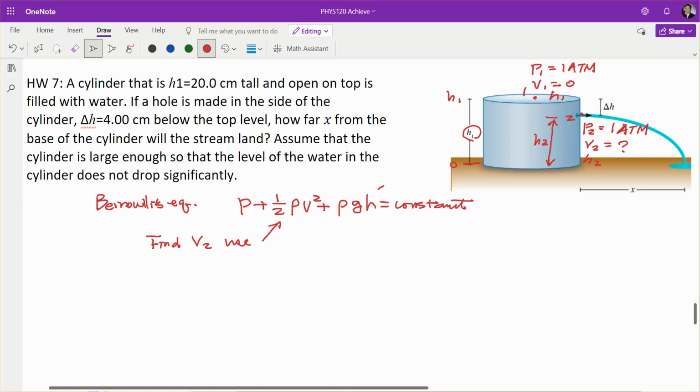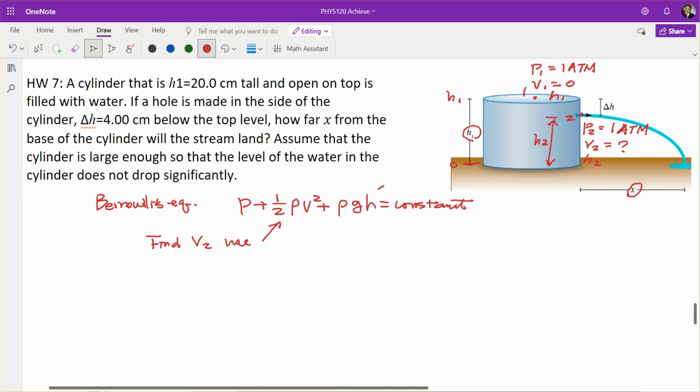Once you find v sub 2, the problem is not asking you about v sub 2. They ask, if the water is flowing out, where will the water land on the ground? What is the x where the water will reach the ground? This problem turns out to be a kinematics problem.